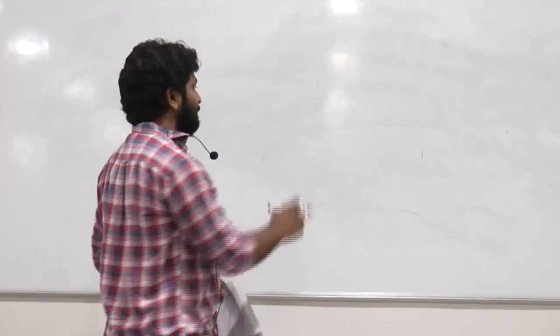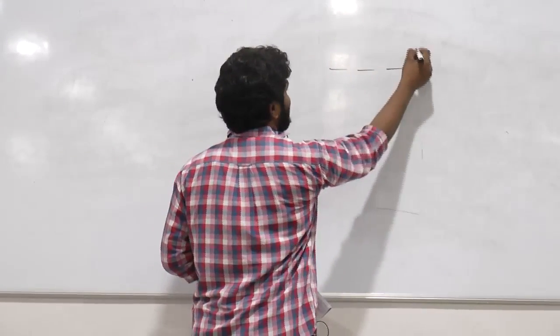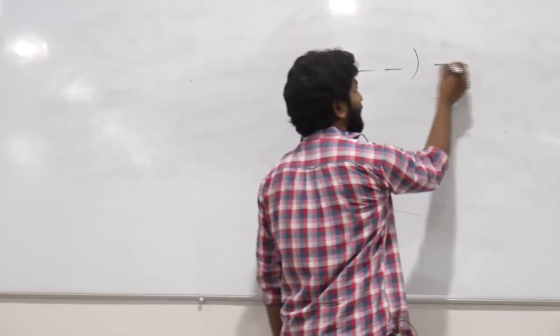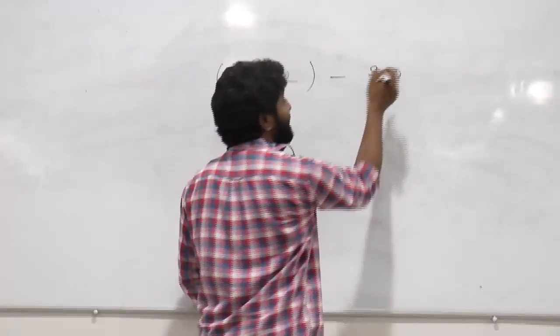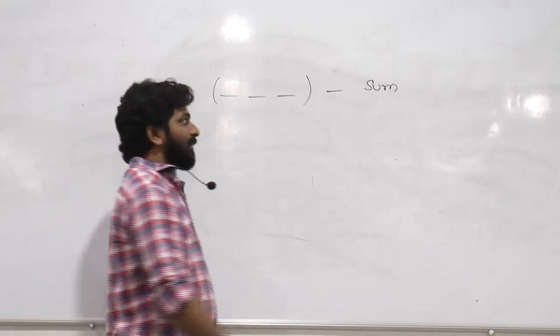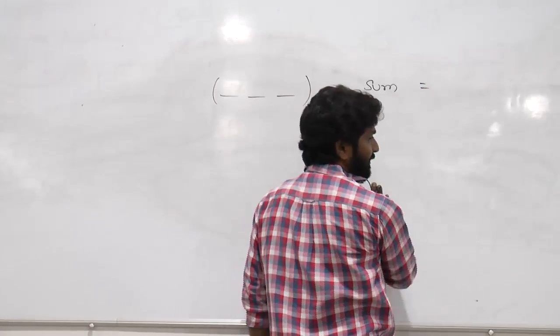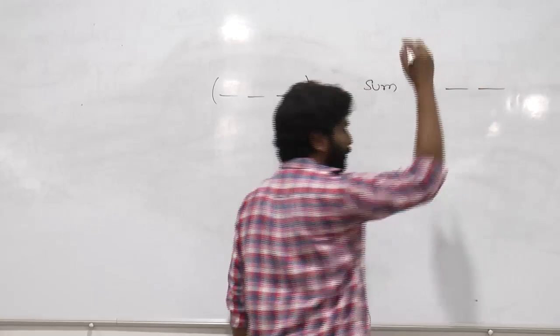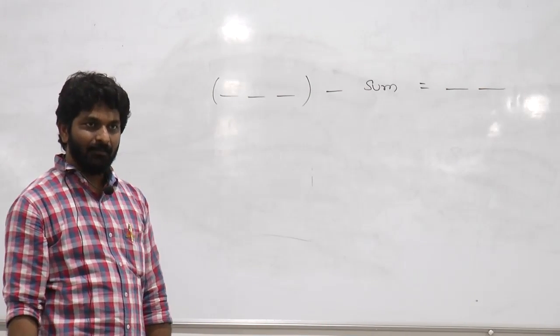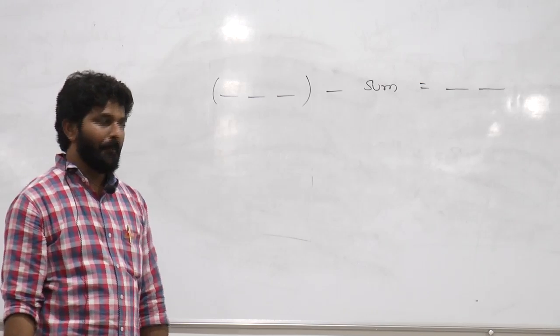Right. You have a 3-digit number. From this, they are going to subtract the sum of digits, such that they are getting a 2-digit number. Is that fine?